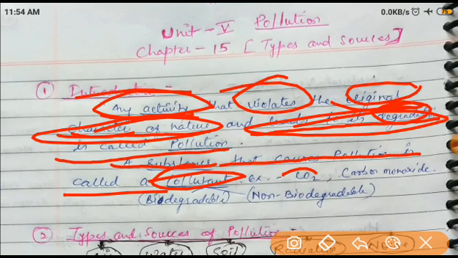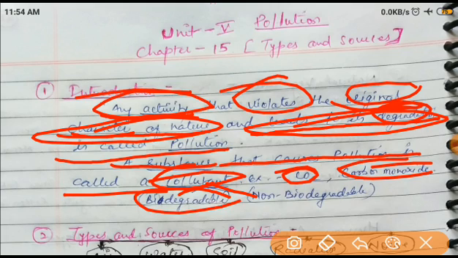Examples are CO2 gas and carbon monoxide gas, and so many other gases which pollute. Not only gases, materials and chemicals are also there. Pollutants are also of two types: biodegradable and non-biodegradable.